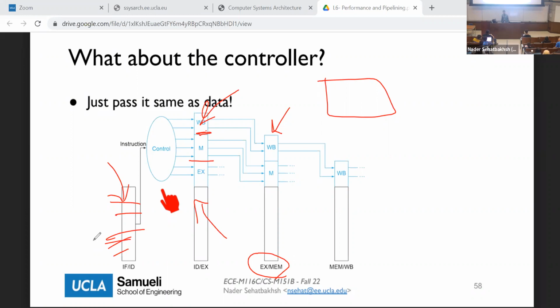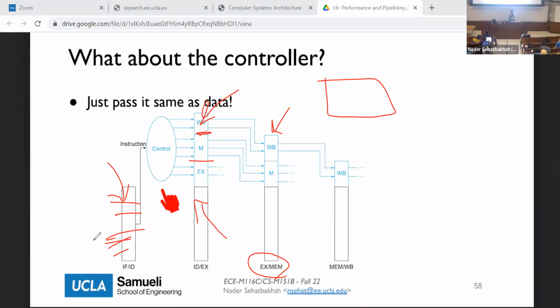So is there an optimization, like skipping stages? Great question. The question is, there are some instructions that, for example, need to bypass the memory. What should we do with them? Should we bypass the registers as well and skip them?